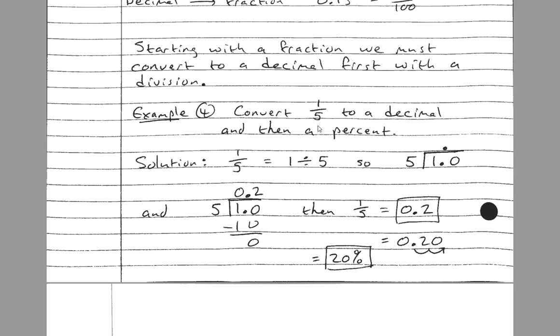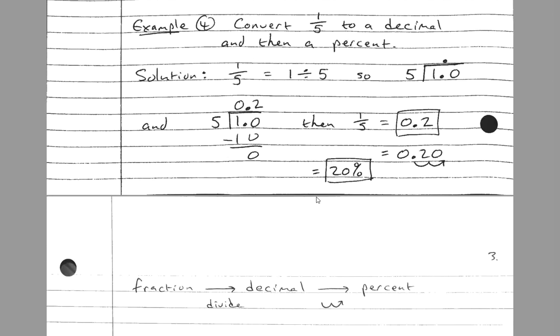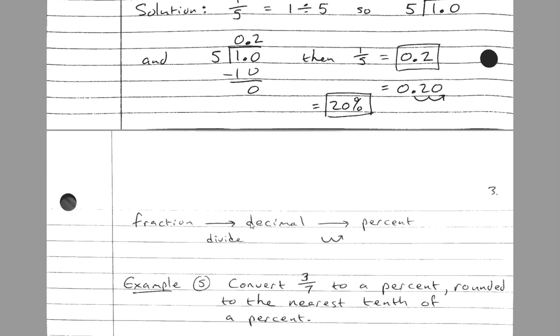Okay, so you can convert any fraction to a percent. Just first convert it to a decimal, and then move the decimal point 2 places. So this is the plan.